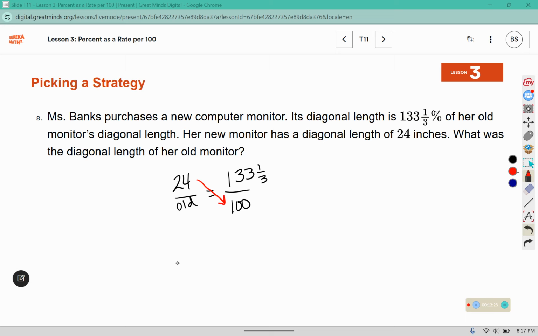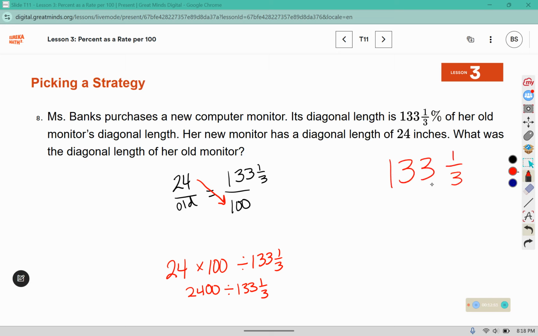Cross multiply. Then divide by the value that's left. 24 times 100 is 2,400. Ideally, we're going to change this into an improper fraction, and we'll use that leave change.